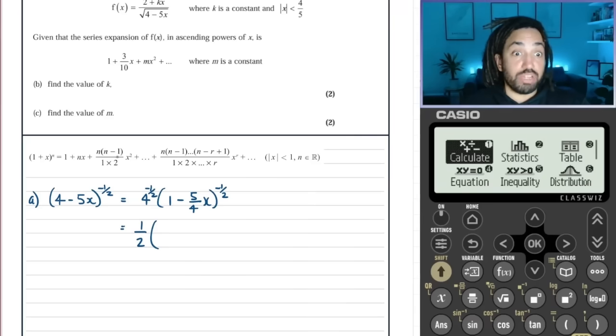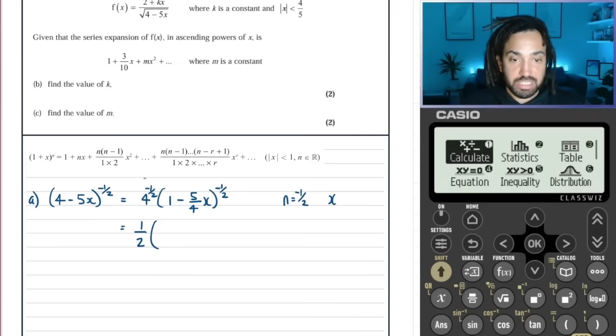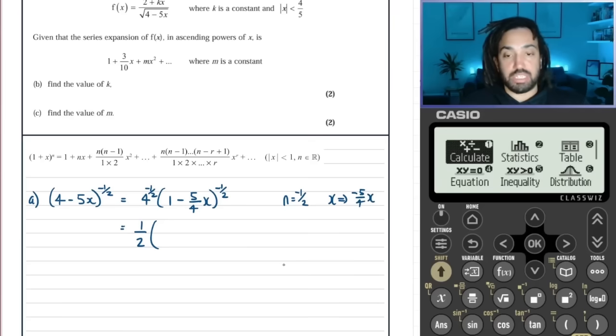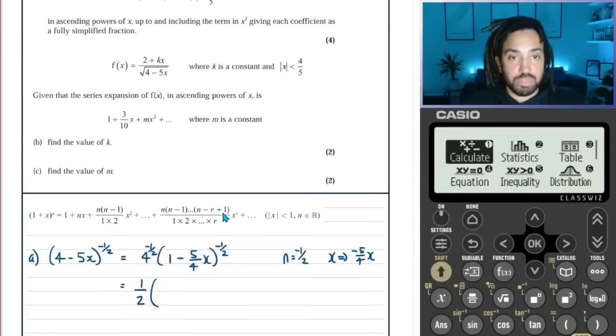Now, in order to apply the formula, what I like to do is say that the power is minus a half of the bracket, and the x isn't actually x. It's actually been changed to minus 5 over 4x, like so. Okay, so how far do we have to go?